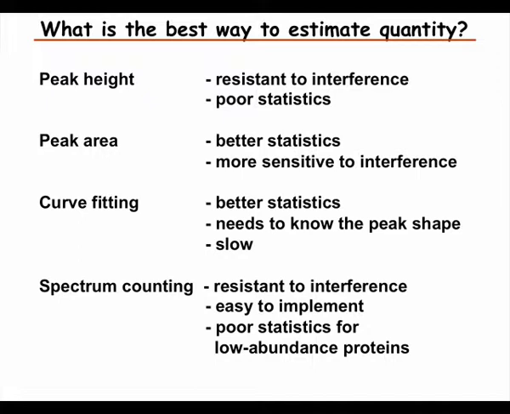That's probably why it has become very popular, because for any output from any search engine, you can write an easy script to just count the number of times there are spectra that correspond to a certain protein, and a lot of people can do that, but for low abundance proteins, it has its limitation.